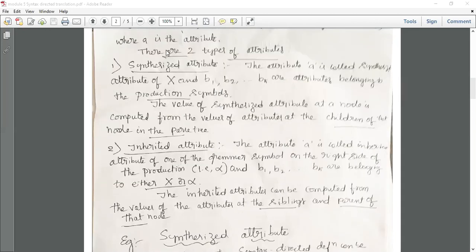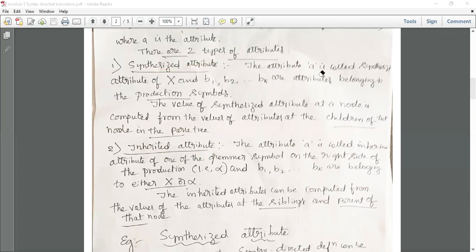There are two types of attributes that we need to consider here: synthesized attributes and inherited attributes. Note this: many times they ask for the distinction between synthesized attributes and inherited attributes. So attribute A is called a synthesized attribute of X. X, as we discussed, is a single capital letter, in X tends to alpha.